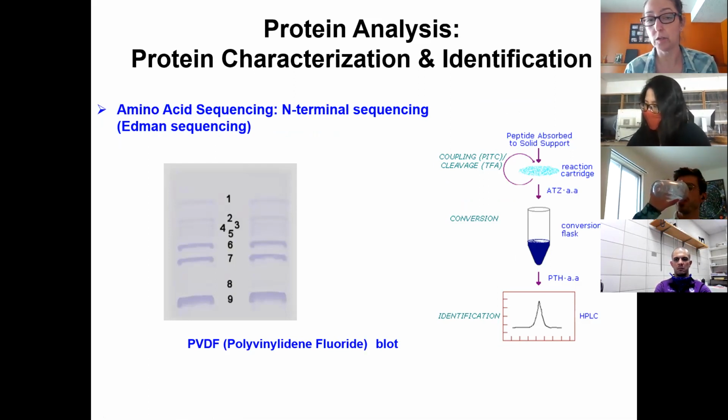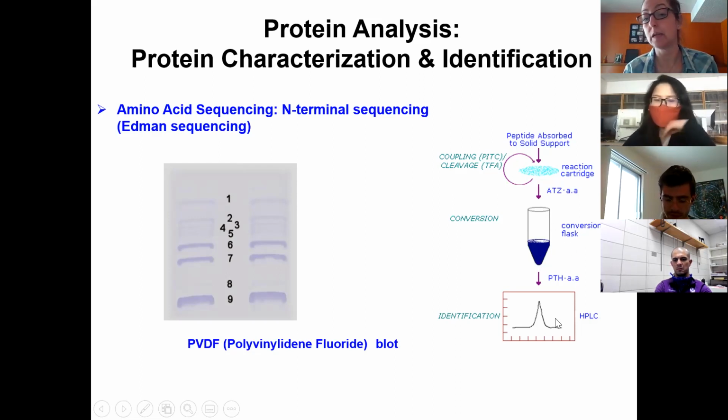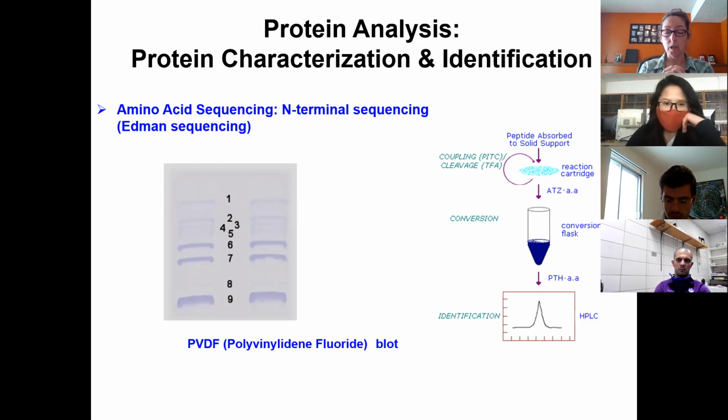We do a two-dimensional gel, and we excise the protein out, treat it with the reagent, and then subject it to chromatography separation. And often the protein is taken off of polyvinylidene fluoride, which is basically a membrane where we transfer the protein from a gel onto a membrane, and from there we take the protein and do the analysis.